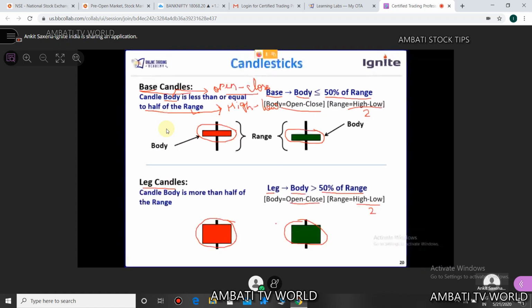Big fat bodies represent leg candles. Small thin bodies represent base candles. Is this clear, how to identify the base candles and the leg candles? Okay. Excellent, guys.